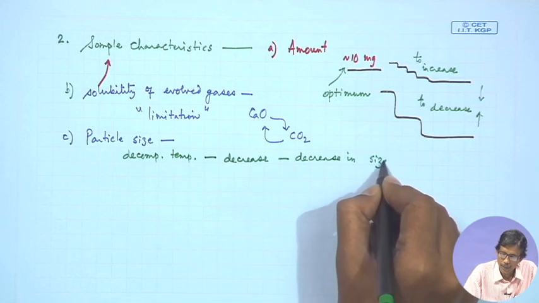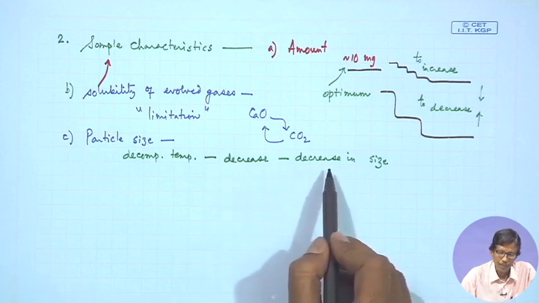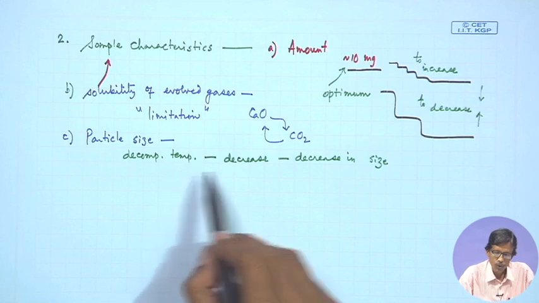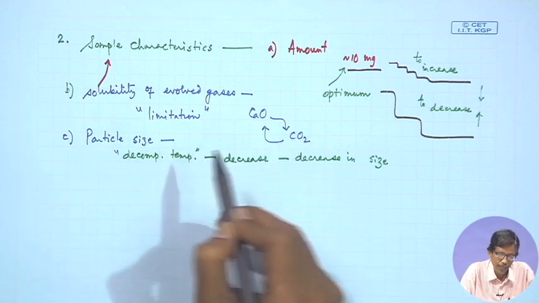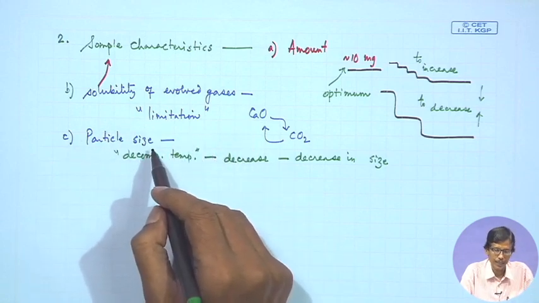So, we should be very careful about handling the powdered sample, and it should not be a very coarse sample. A coarse sample will have a higher temperature. So, the decomposition temperature depends upon the physical characteristics of the sample.